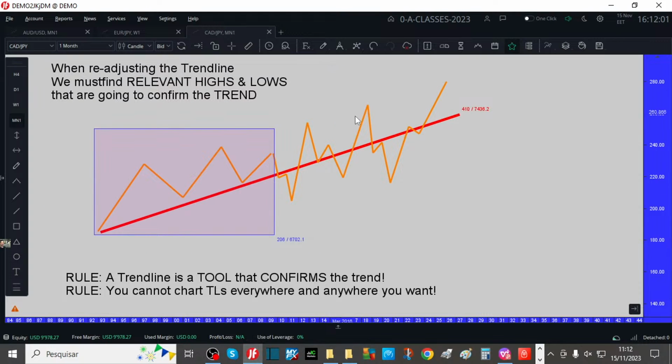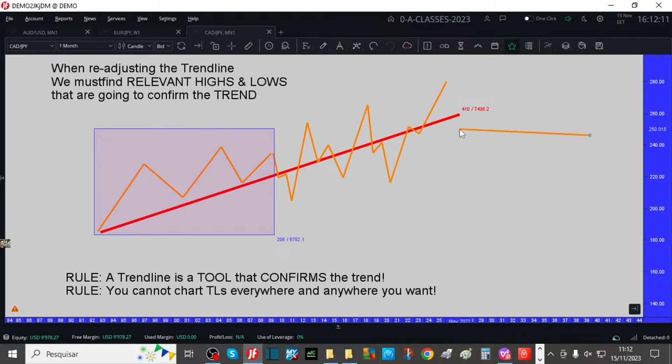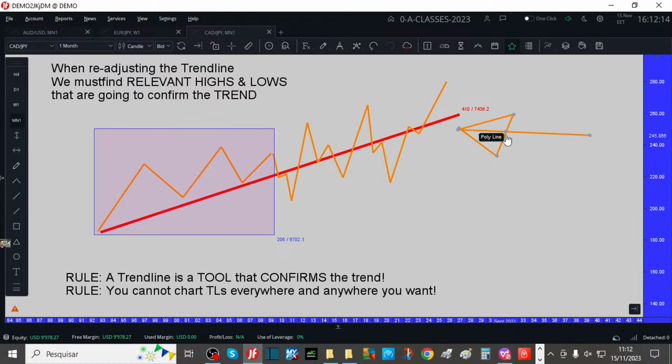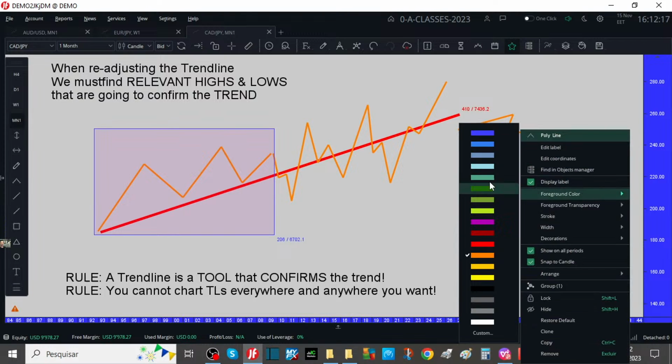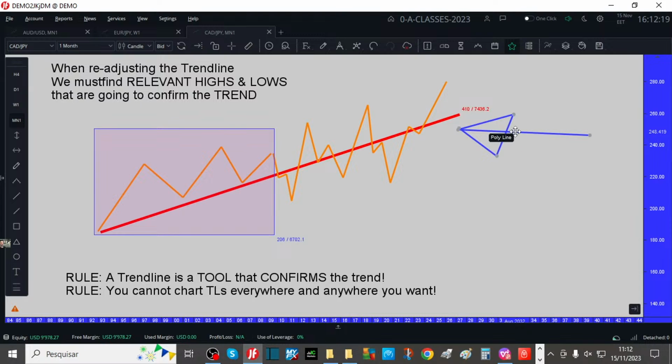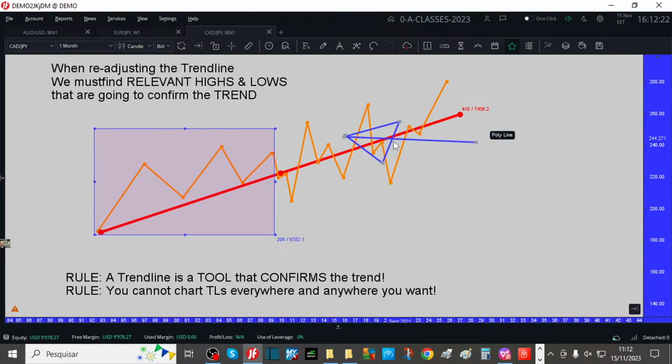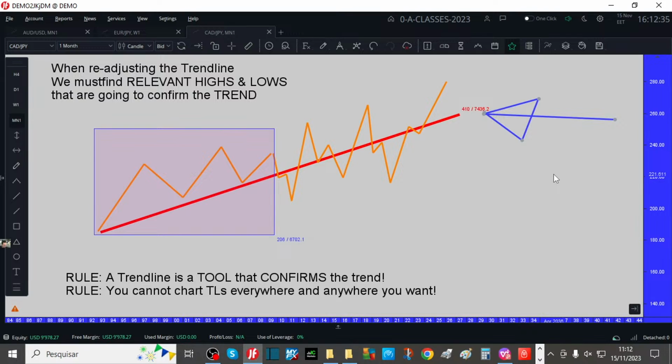And now I must ask, question number one: Shola, is my trend line, like it is right now, confirming the uptrend? Type in the chat, yes, it's confirming the uptrend, or no, it's not confirming the uptrend, because here the market broke the uptrend line, here it broke it, and here it broke it. So this trend line is not confirming the uptrend.